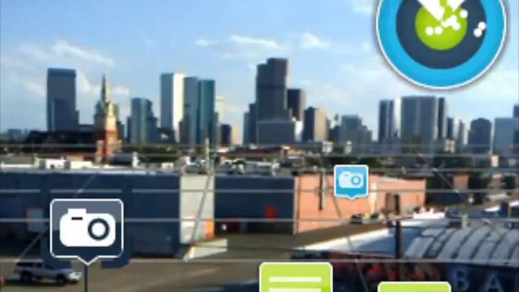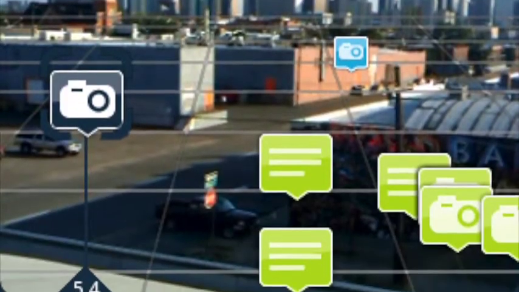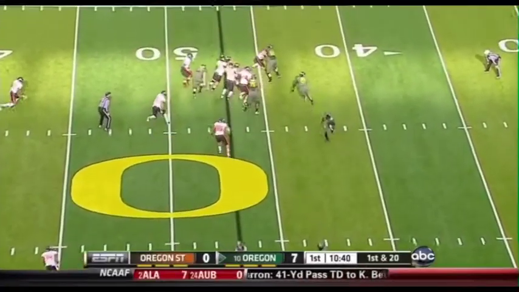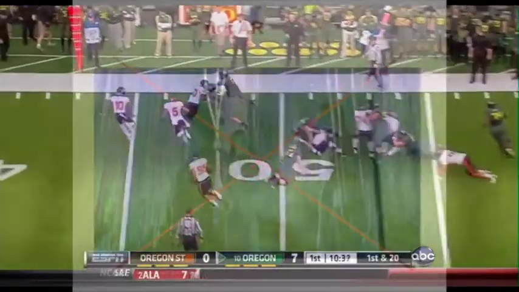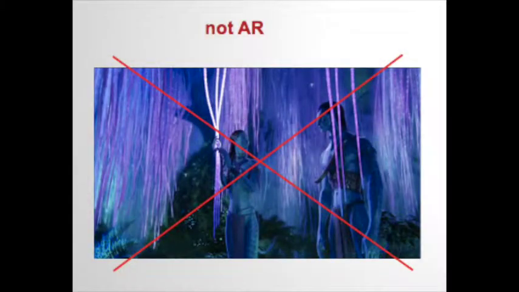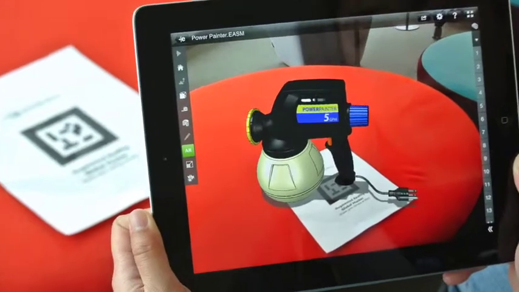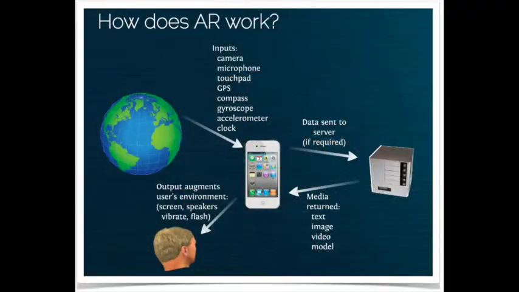The user can see virtual objects on top of the real world. So the main characteristics of augmented reality are combination of real and virtual information, real-time interactivity, and operation in a 3D environment.